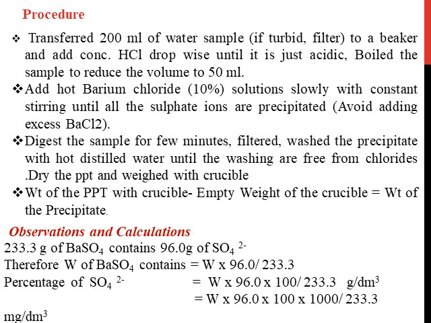How do you calculate percentage? So W into 96 into 100 divided by 233.3. This factor, if you multiply with 100, you will get the percentage of SO4 2 minus, sulfate anion, which will be expressed in gram per dm cube. If you want to express in ppm, multiply with 1000, 100 into 1000 is 10 raised to 6.